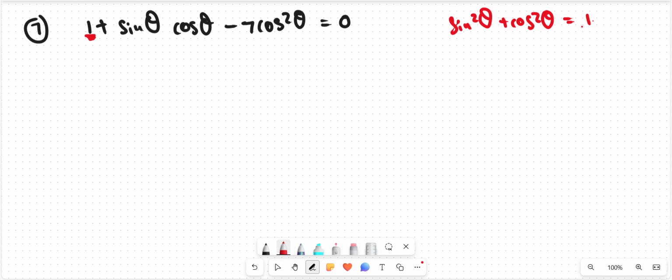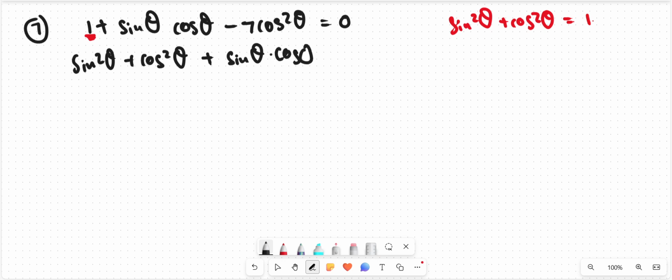So I can replace that 1 with sine squared theta plus cos squared theta. So sine squared theta plus cos squared theta plus sine theta cos theta minus 7 cos squared theta all equal to 0.